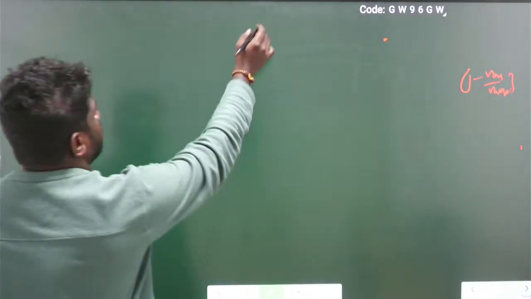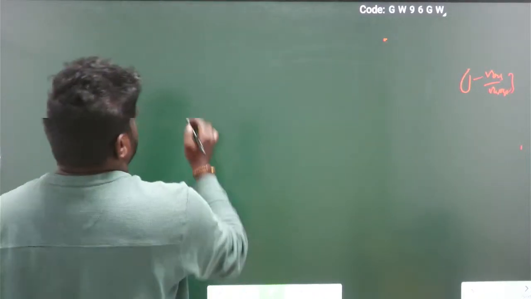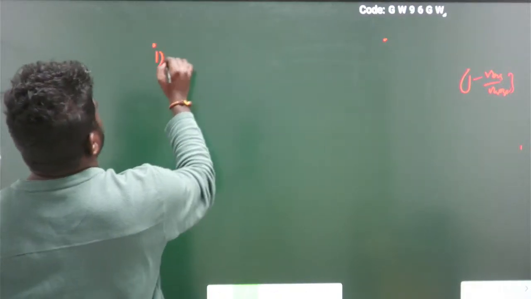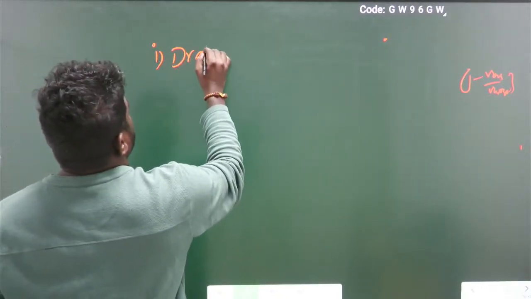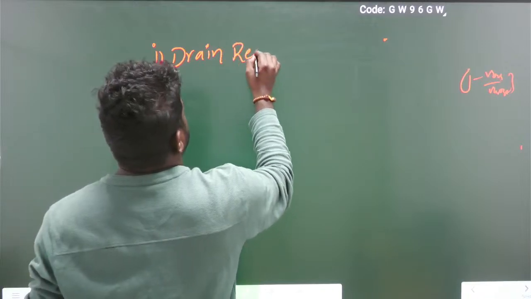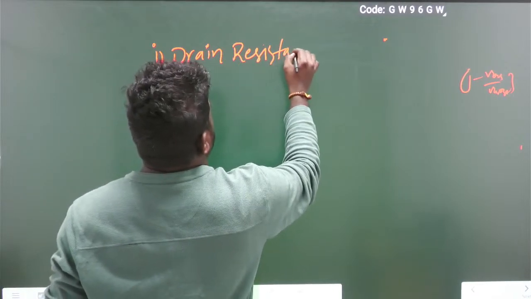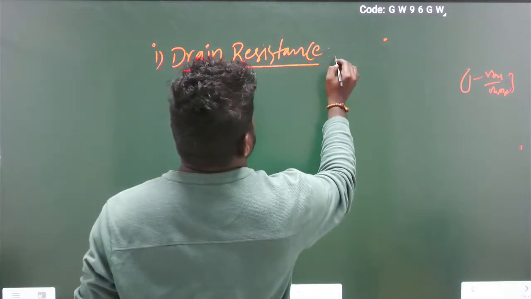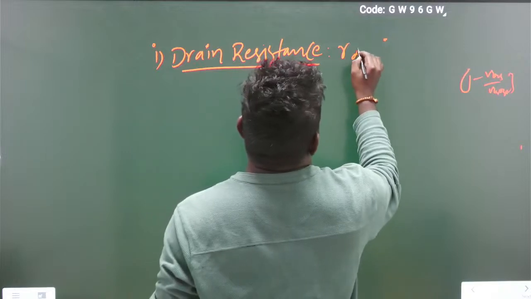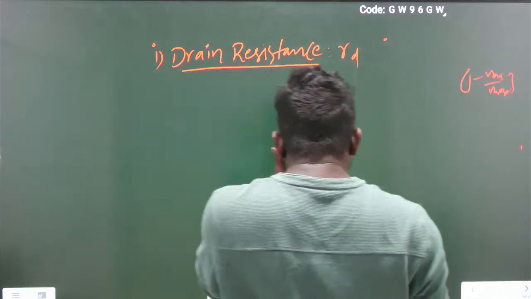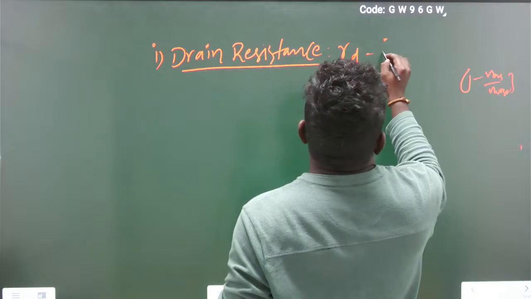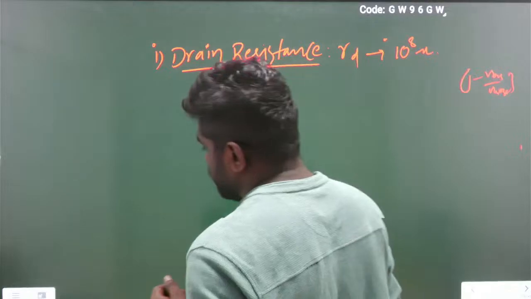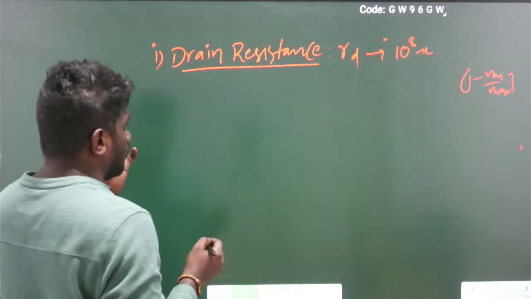Now I will go to some parameters related to the JFET. The first parameter is drain resistance, indicated with RD. The range of RD is 10 power 8 ohm.